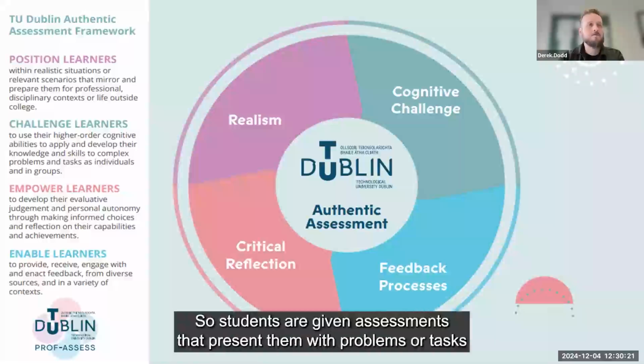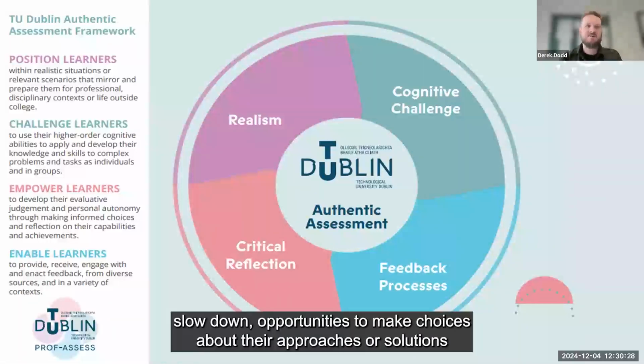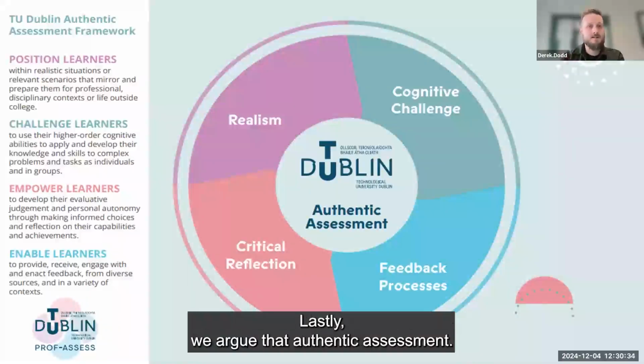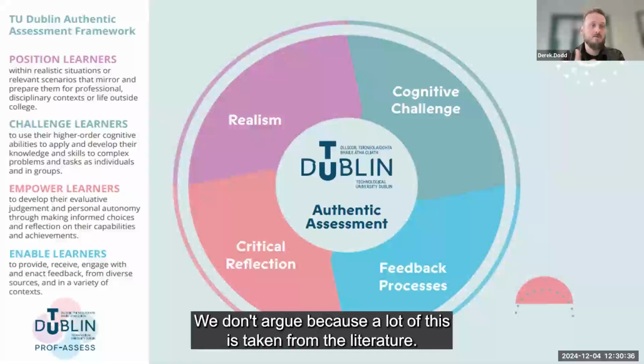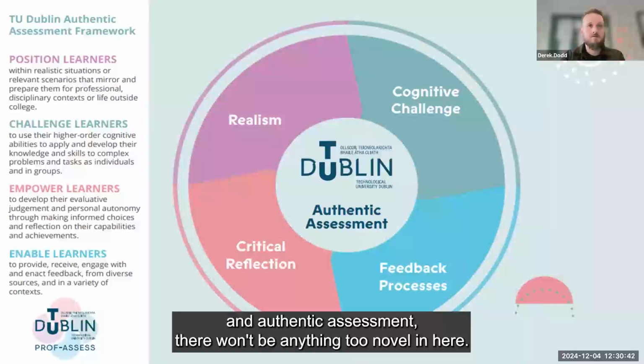Critical reflection, so students are given assessments that present them with problems or tasks that afford them, I'll slow down, opportunities to make choices about their approaches or solutions and the way that they apply their skills and knowledge. And feedback processes. Lastly, we argue that authentic assessment, well, we don't argue, because a lot of this is taken from the literature. And if you're familiar with the literature on authentic assessment, there won't be anything too novel in here.